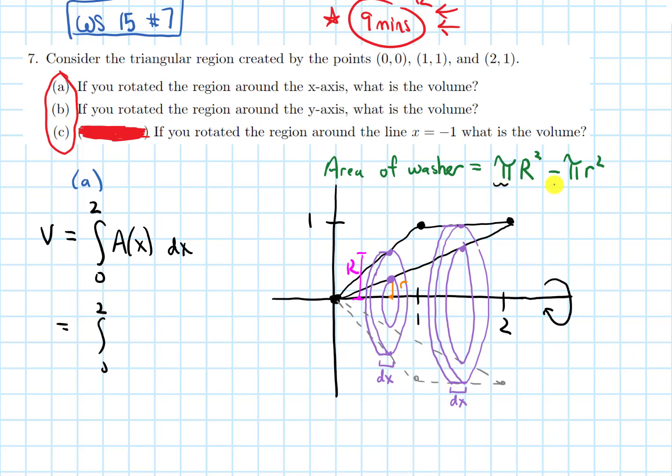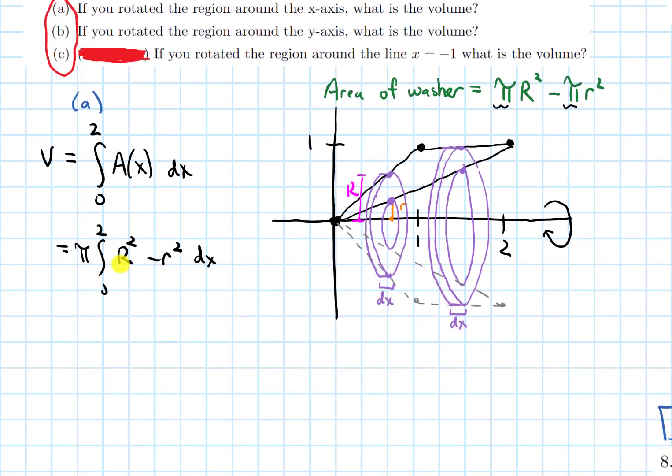I'm going to go ahead and take these pi's and factor them out of the whole thing, and I'll be left with big R squared minus little r squared dx. Okay, so now I need to figure out, well, what is big R and what is little r? Well, I know that little r is going to depend on the equation of this line.